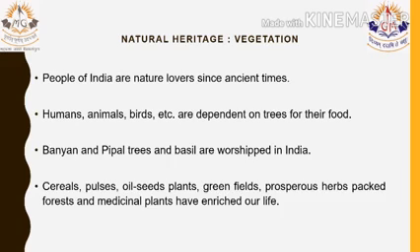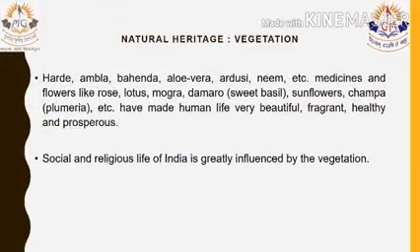Vegetation provides us with crops like cereals, pulses, oilseed plants. The green fields and prosperous herb-packed forests, medicinal plants, have all enriched our life. Many parts of the plants are used to make medicines.